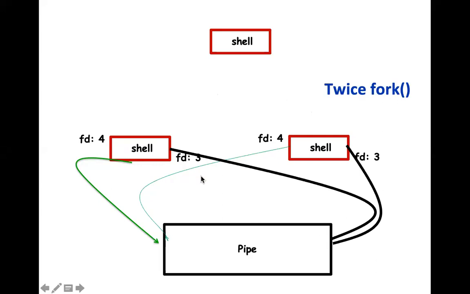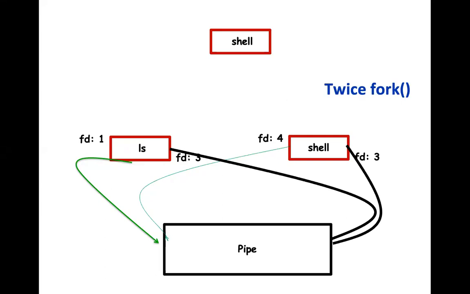Now what will they do? The first one will execute the ls command. ls has a file descriptor for output, which goes to the terminal. Now it has to change to something that will go to the pipe.